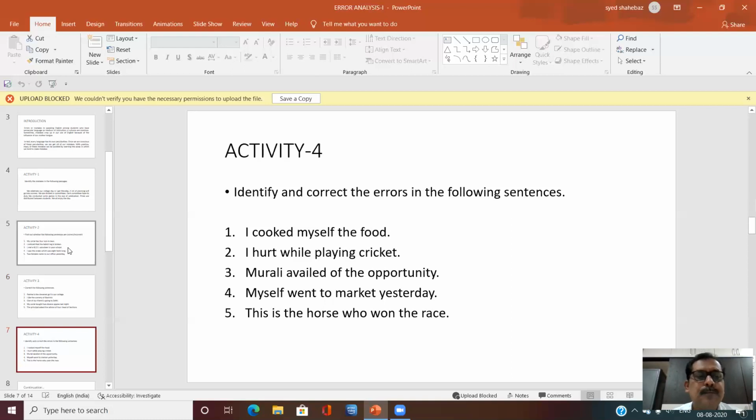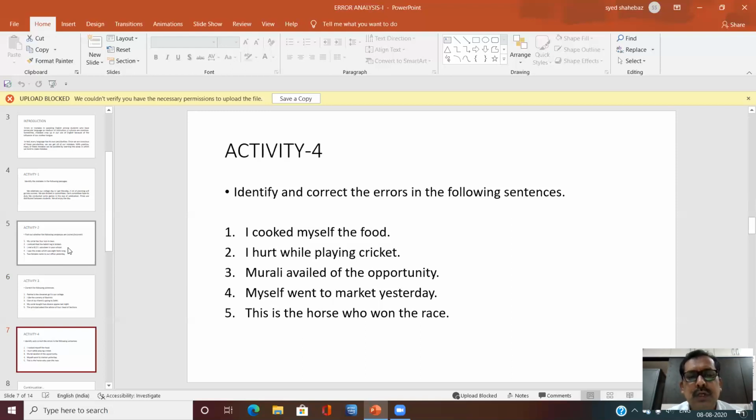Next, activity 4. Identify and correct the errors in the following sentences. I cooked myself the food. Here, the correct sentence construction is I cooked the food myself.